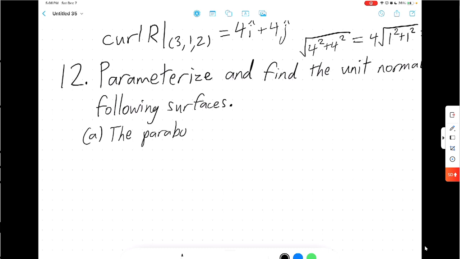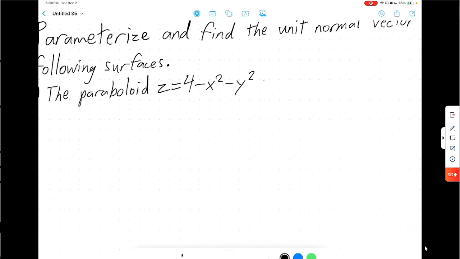The paraboloid z is equal to 4 minus x squared minus y squared, oriented upward.